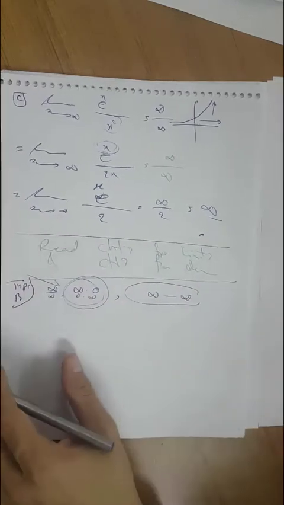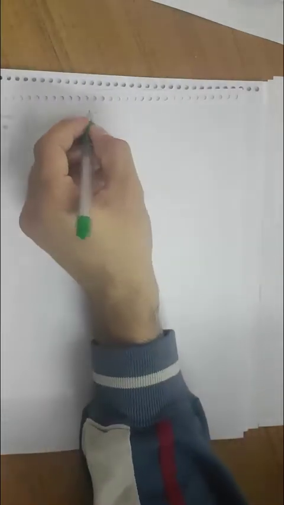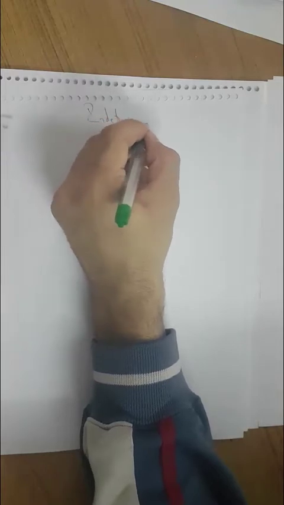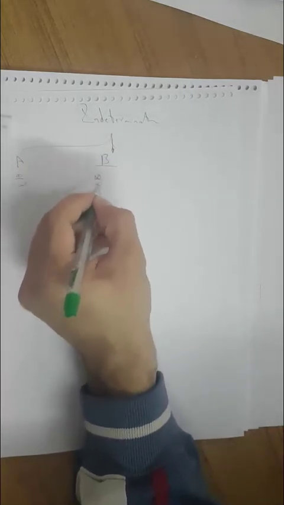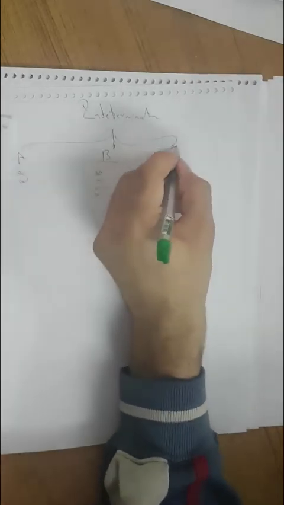Before we start, you can make a chart of indeterminate forms: type A, which is 0 over 0, and infinity over infinity; type B, which is 0 multiplied by infinity and infinity minus infinity; and we have a type C, which I will talk about later.